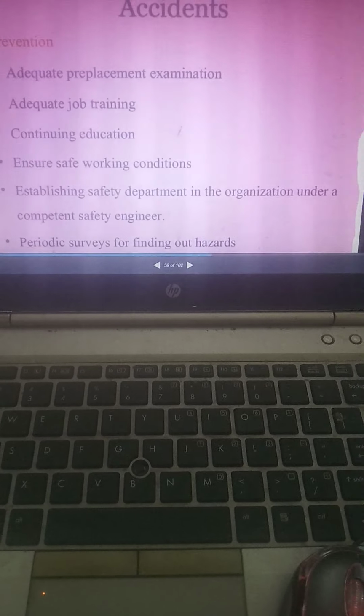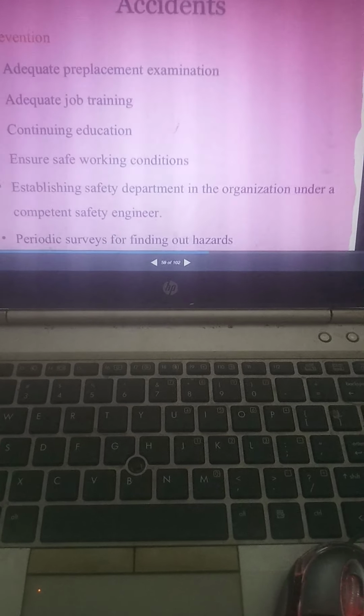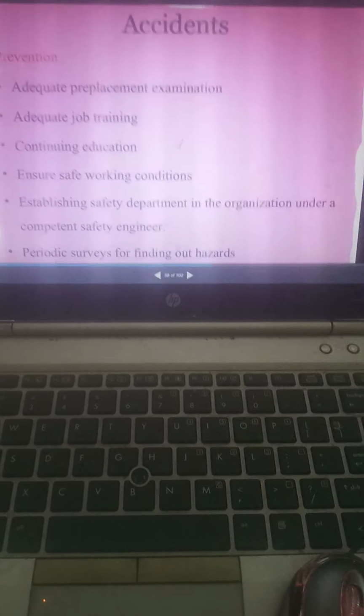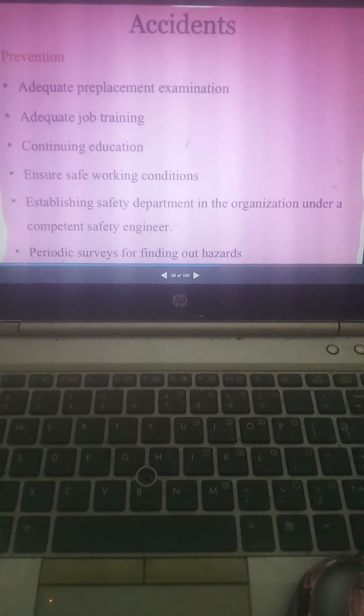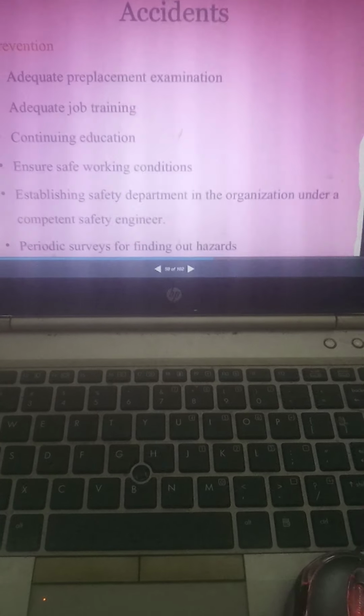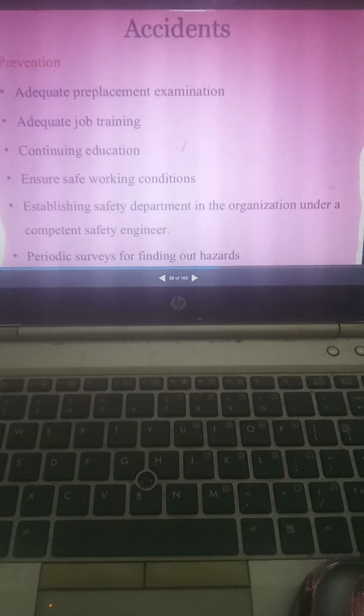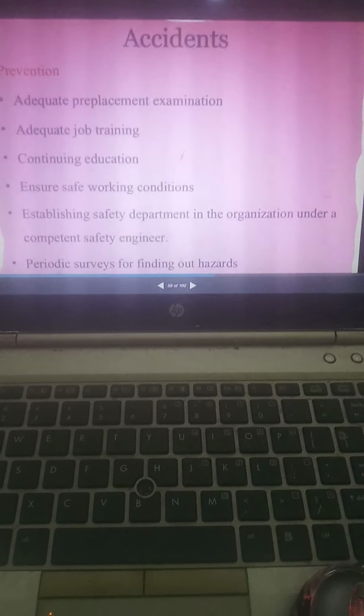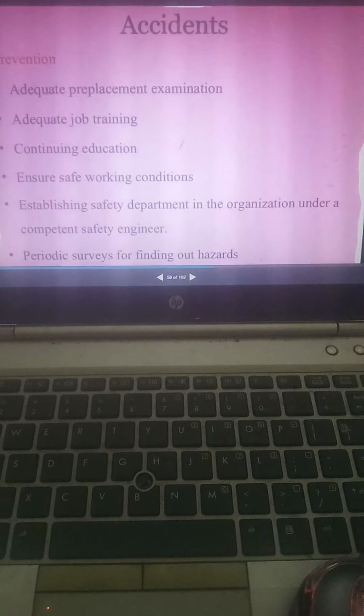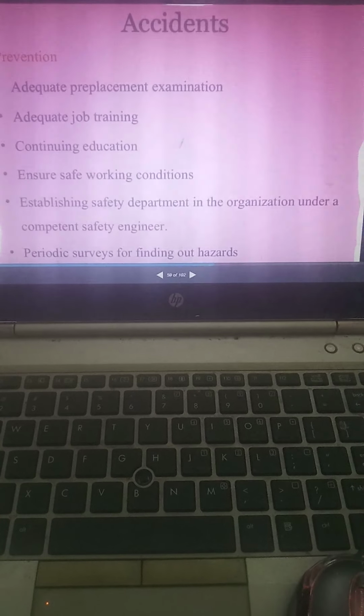Ensure safe working conditions. The working conditions should be as safe as possible, so that there are minimum injuries to the worker, minimum accidents and losses to the health of the workers. Now, establishing a safety department and organization under a competent safety engineer.